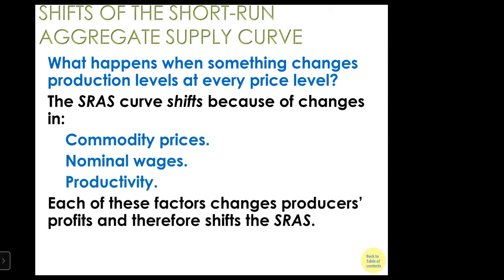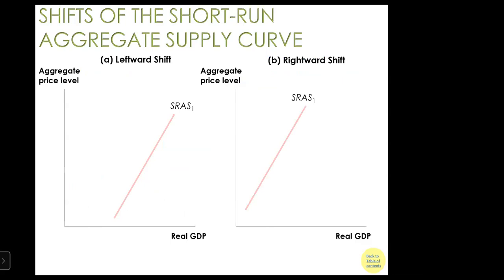Productivity also is going to affect your profitability through your production process. Each of these factors affects profit, and then in the aggregate, that's going to move the short run aggregate supply. Here are two different cases. On the left hand side, we have a leftward shift.